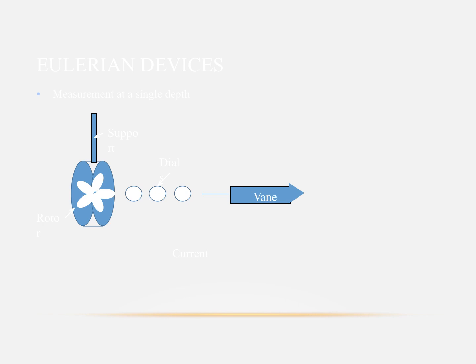So let's talk a little bit about our Eulerian devices. So there are some that only do measurements at a single depth. And so these, remember, are stationary, and they just read the current that passes by them. They're not going anywhere. And so this is an example of what's called a current meter.